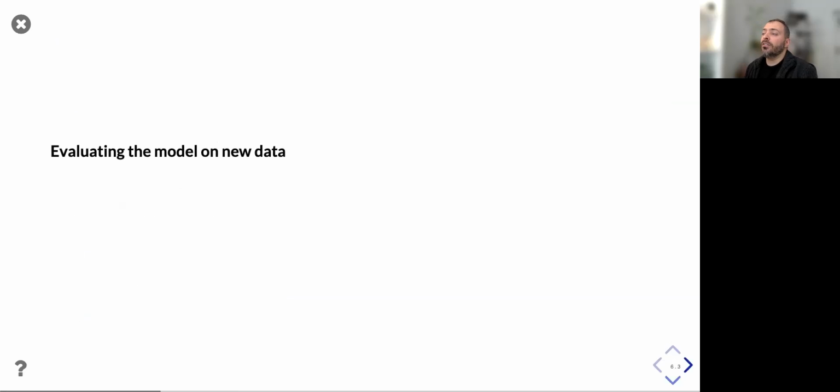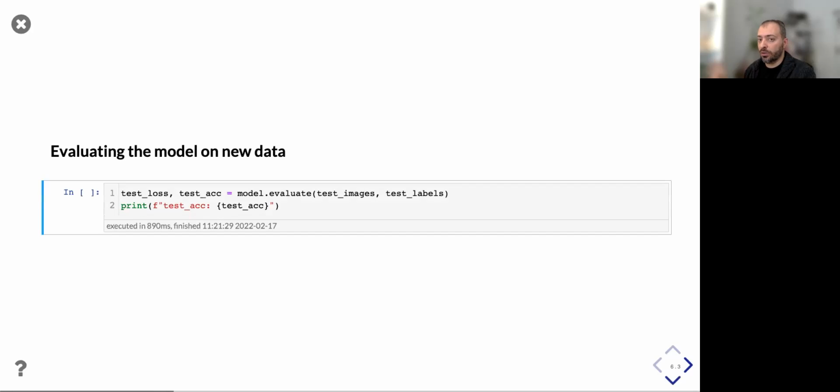Now let's see how we evaluate the model. Okay, we predict the first one, but what about the rest of the images? So in order to get evaluation of the model on new data, not the ones that it has already seen during training, we call model.evaluate. So model.evaluate is a method that returns the loss of the model, the loss that we use for training, and also all the metrics.